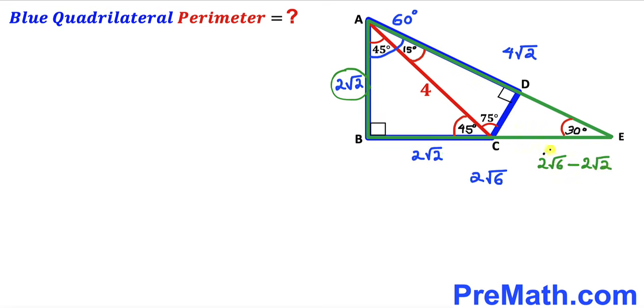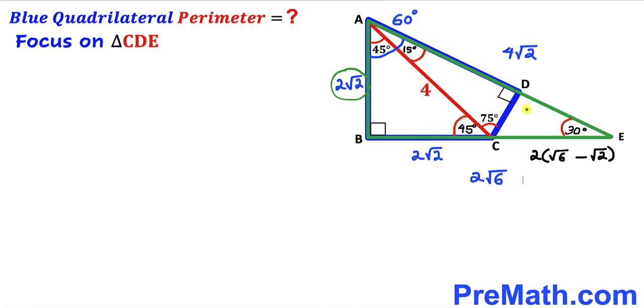And here we can factor out the 2. So 2 outside times the square root of 6 minus the square root of 2. So thus we figured out this CE segment length: 2 times the square root of 6 minus the square root of 2.